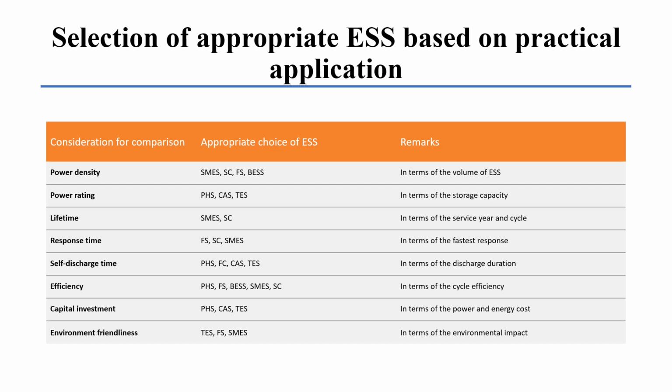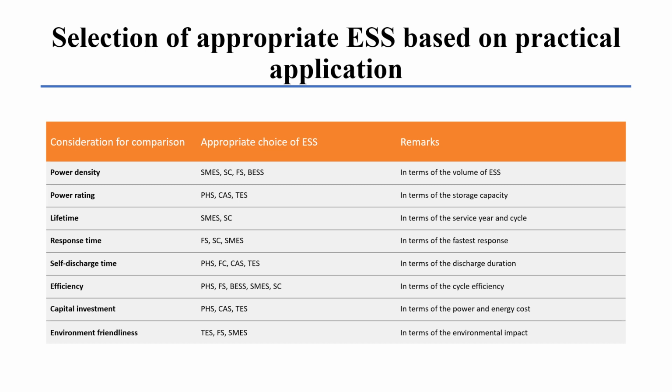Selection of the appropriate energy storage system based on practical application. For example, if we want more power capacity, storage capacity, we can use pump hydro storage, compressed air storage, thermal energy storage. If we want more cycle efficiency, we can use pump hydro storage, flywheel storage, battery energy storage system, superconducting magnetic energy storage system, and supercapacitor.